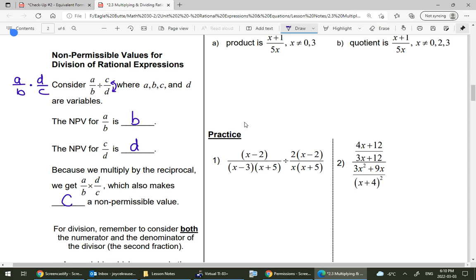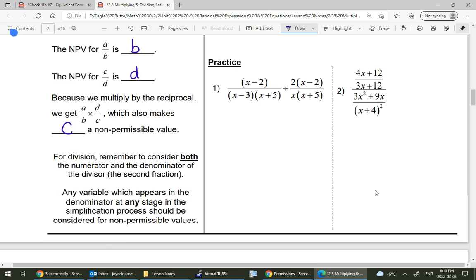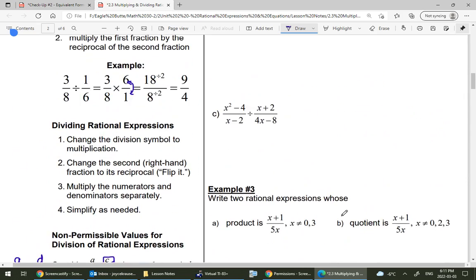So what I often tell students is to consider the L. So when we're looking at division, we have to consider everything in the denominator plus that c. All right, so that's written down here. We have to consider both the numerator and the denominator for the second fraction. Okay, and any variable that appears in the denominator at any stage in our process would be considered an NPV.